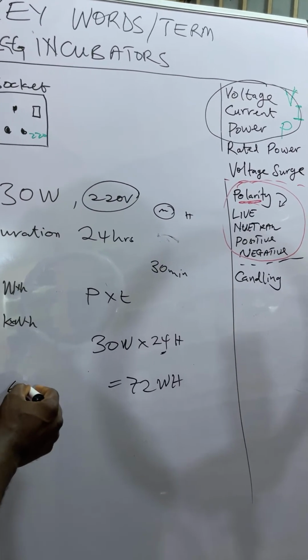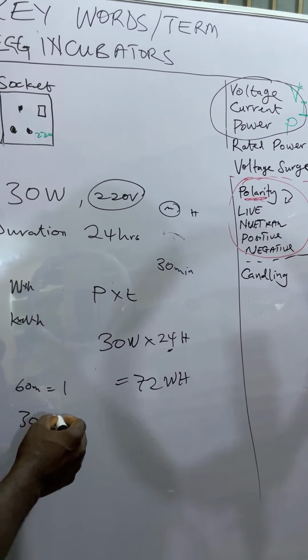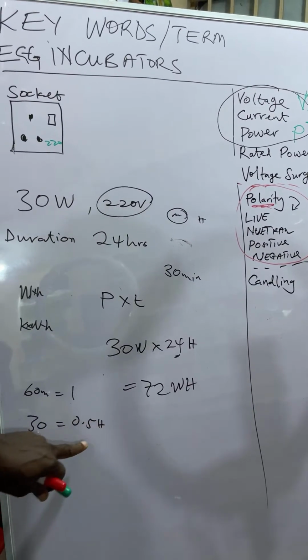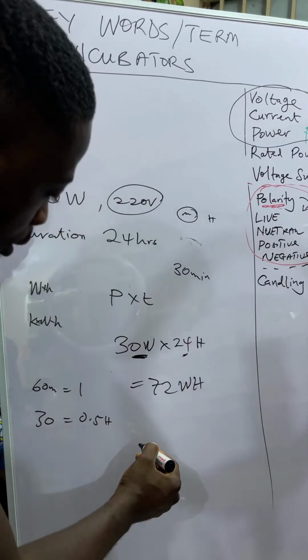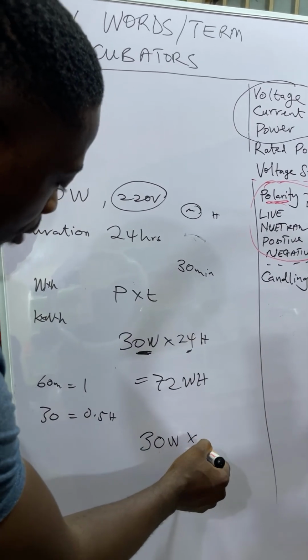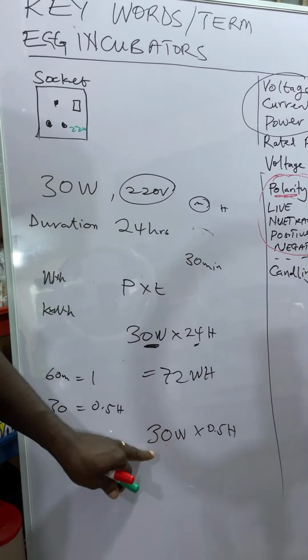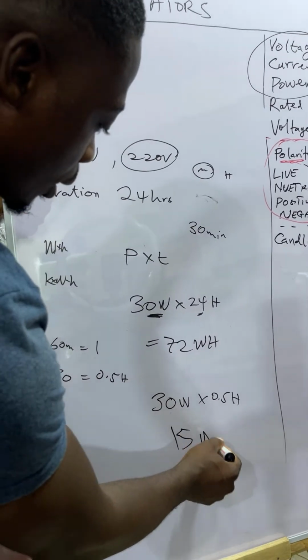If 60 minutes is equal to 1 hour, what will be 30 minutes? 0.5 hours. So you bring it to hours before you multiply by the watts. So it will be 30 watts times 0.5 hours, which is 15 watts hour.